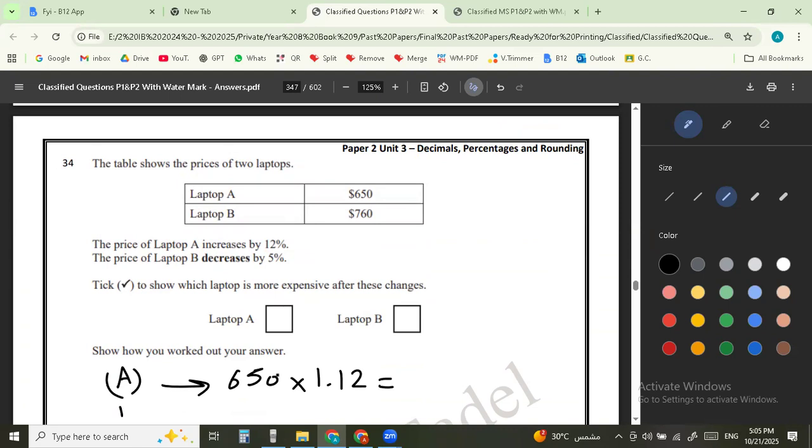But laptop B is 760 times 0.95, a 5% decrease, equals.